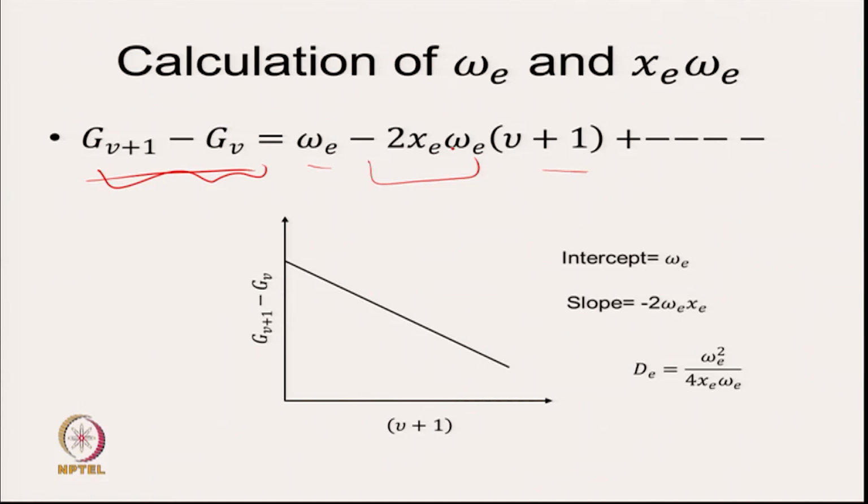So, this gives you a tool to calculate ωe xe, and since D is related to ωe and ωe xe, D is basically ωe² divided by 4 xe ωe, you can also calculate the dissociation energy.